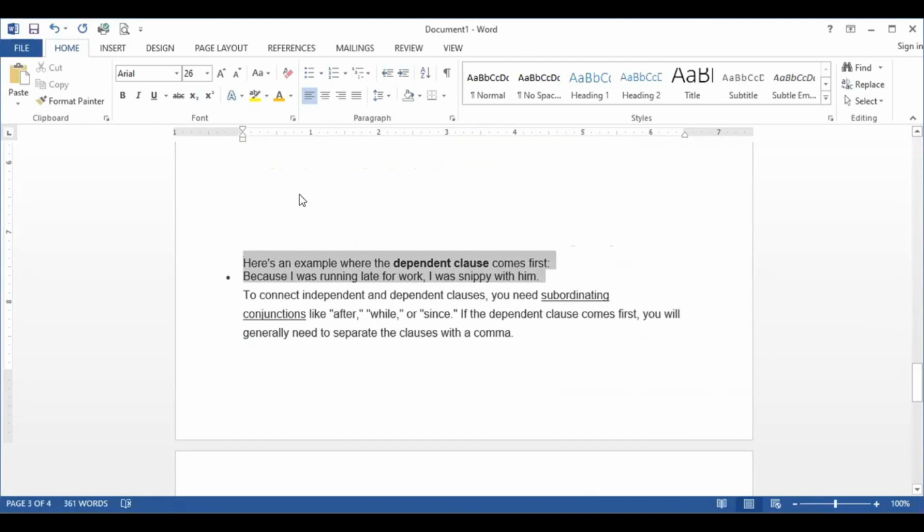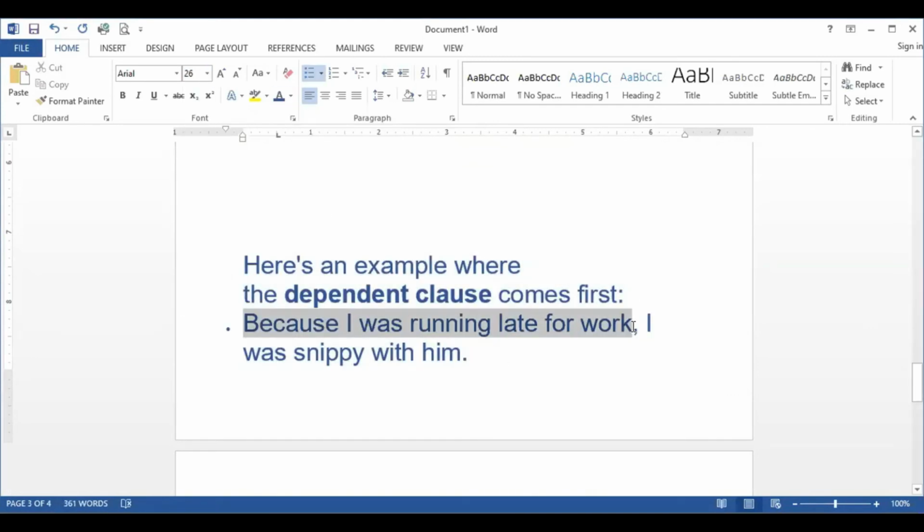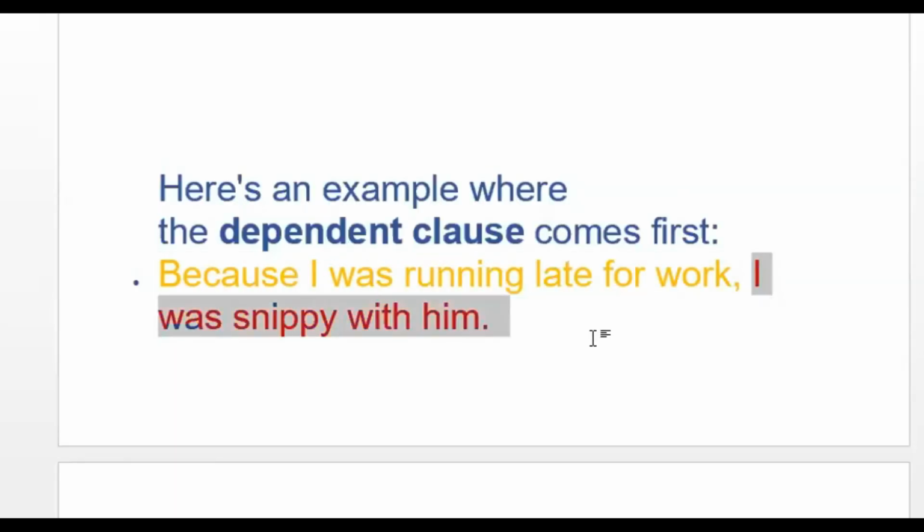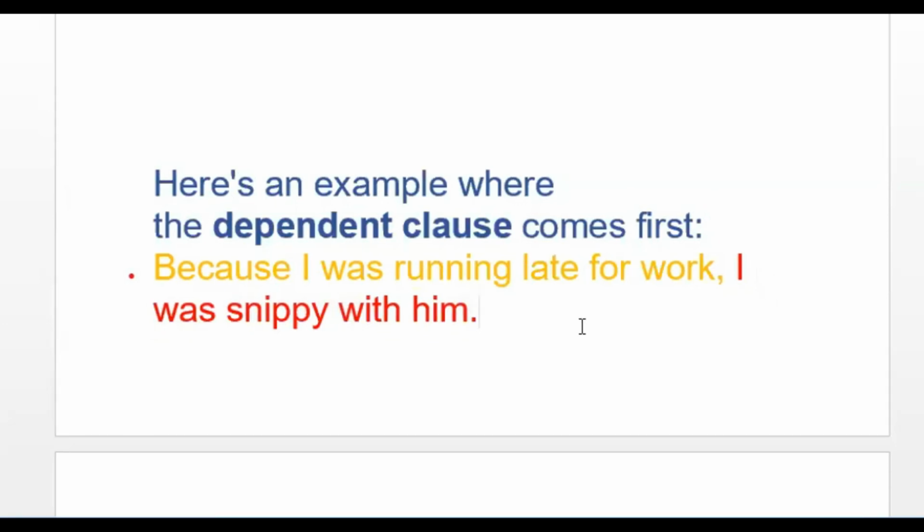Let me nice this up for you. So we're looking at the same sentence, but the order of the clauses has changed here. We have our dependent clause coming first. Remember, they said that the order of the clauses does not matter. It is still a complex sentence.